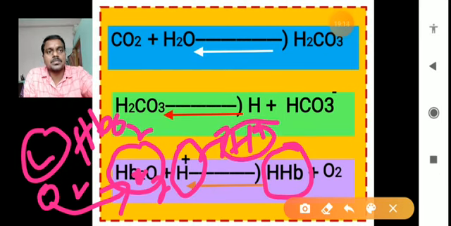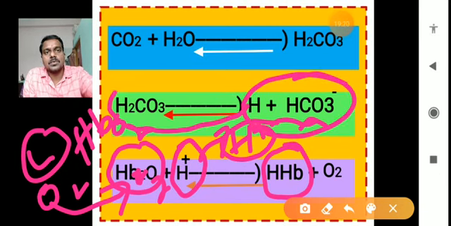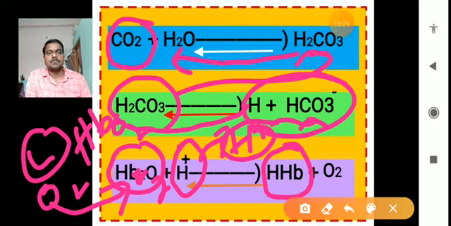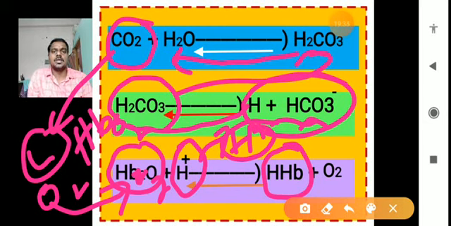These H plus ions again bind with HCO3 minus and reversely form H2CO3, and the H2CO3 releases H2O and carbon dioxide. So this carbon dioxide is released at the lungs level. The structure is reversely present.